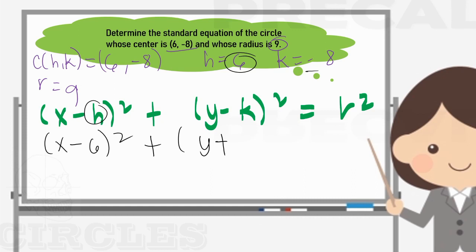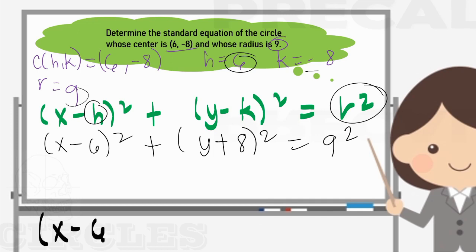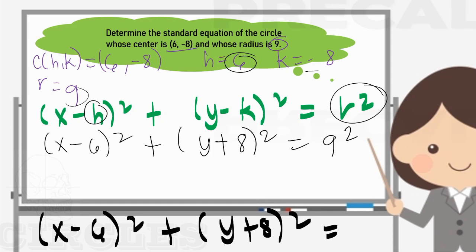So, magiging positive yan. 8 squared is equal to, yung r natin is 9. So, 9 squared. Therefore, yung final equation natin is x minus 6 squared plus y plus 8 squared is equal to 9 squared is equal to 81. So, double check natin kung tamang sagot.